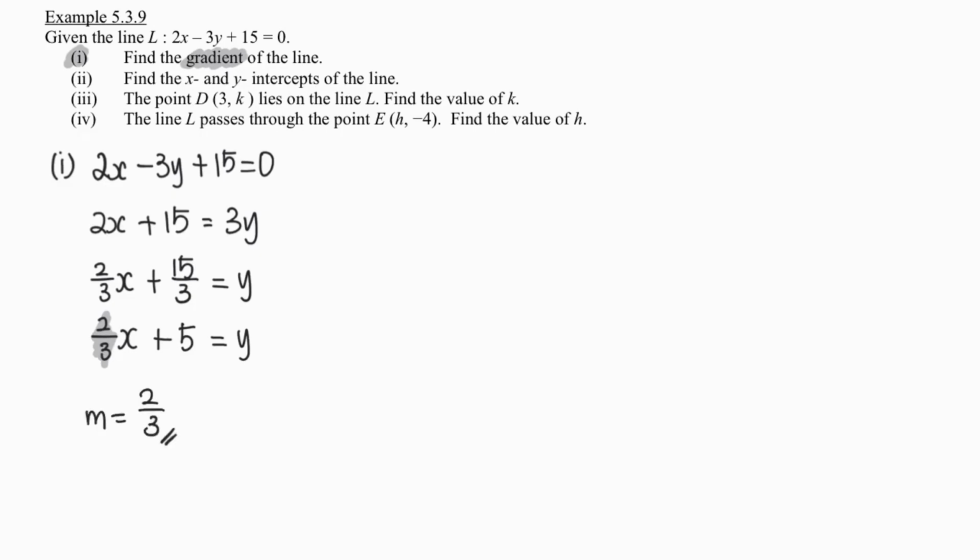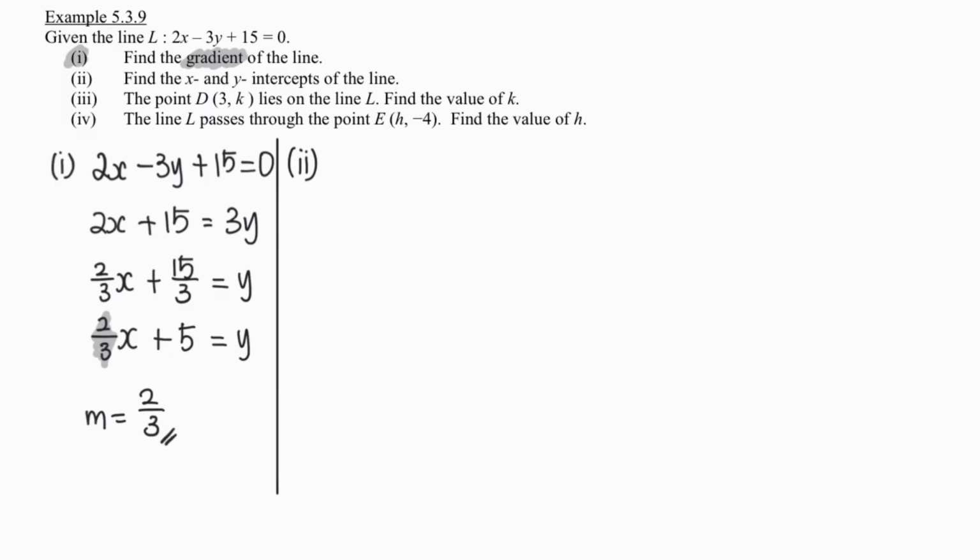Part 1 done. Okay, let's move on to part 2. Find the x and y intercept. So for the x-intercept, y is equal to 0. We have the equation, so we can just substitute.